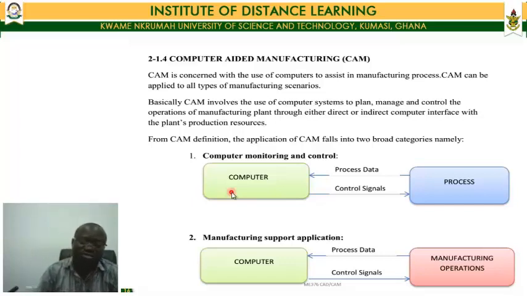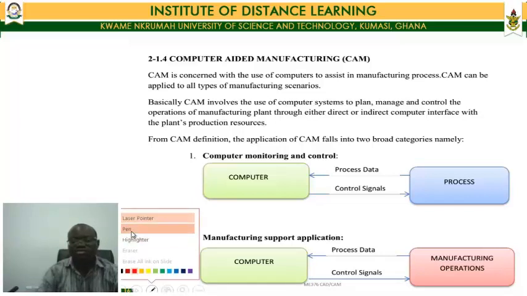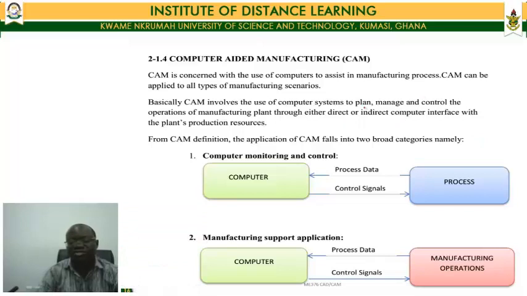So if you want to define CAM in a brief sense, you will say that it involves the use of computer systems to plan, manage, and then control the operations of the manufacturing plant through either direct or indirect computer interface with the plant's production resources.